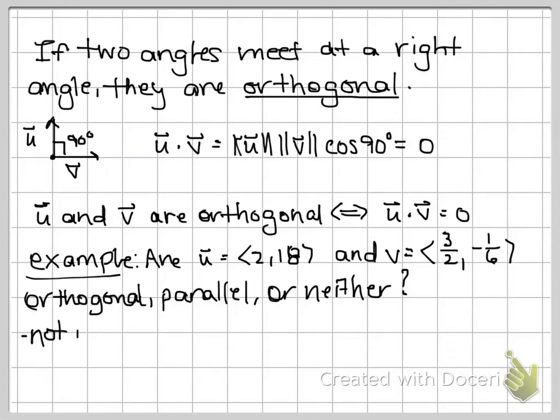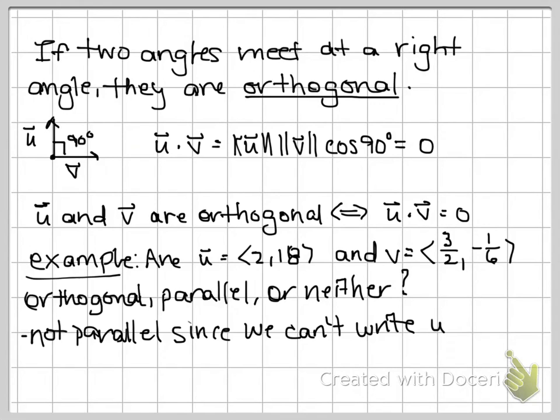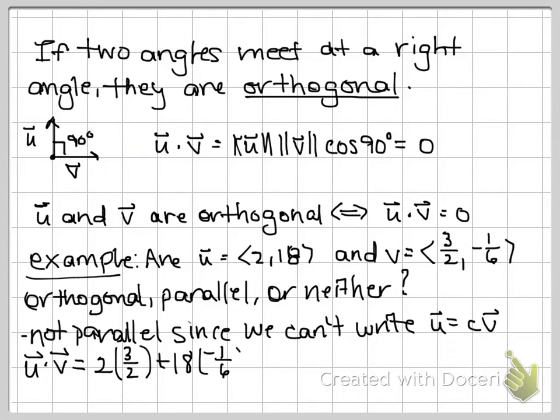Well, no, there's not. There's no way to do that, so they're not parallel. So the next thing we want to check is whether or not they're orthogonal, and you just take the dot product. So 2 times 3/2 plus 18 times -1/6 is 3 minus 3, which is 0, so u is orthogonal to v.